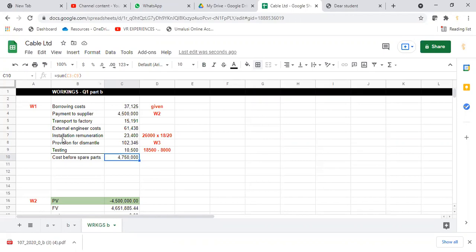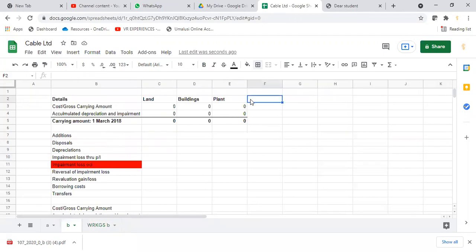With spare parts, you can either have a separate category for spare parts, or you can include it over there. If you pick up different financial statements, some companies will have a category for spare parts. Here they don't have a separate category, so it's okay to include spare parts over here, because the spare parts relate specifically to the plant.